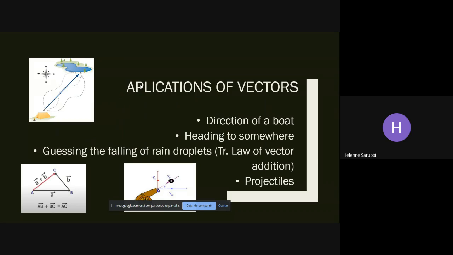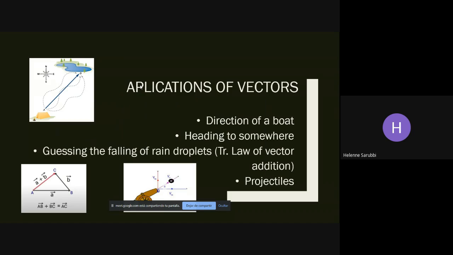The boat's motor generates a force in one direction, and as we know, the current of the wind generates a force in another direction, and we cannot control the wind. Both forces are vectors, and we must take both the magnitude and direction of each force into account if we want to know where the boat will end up going.